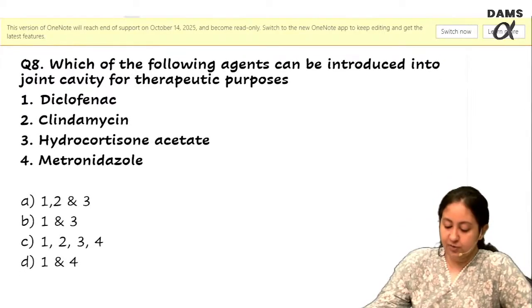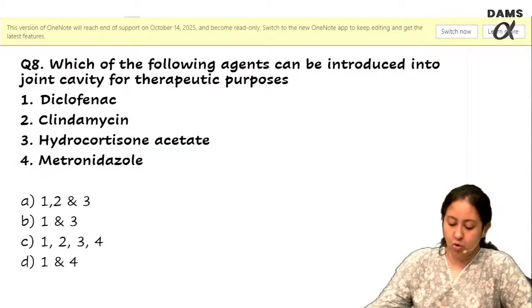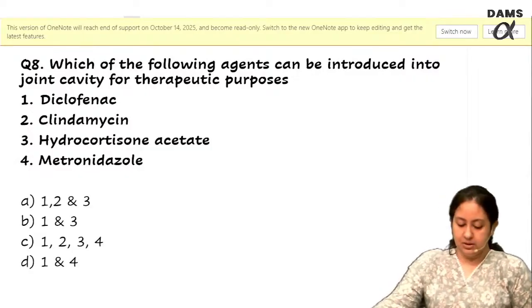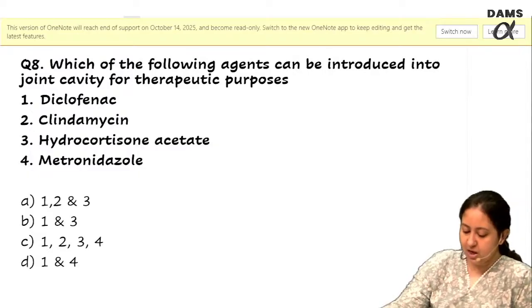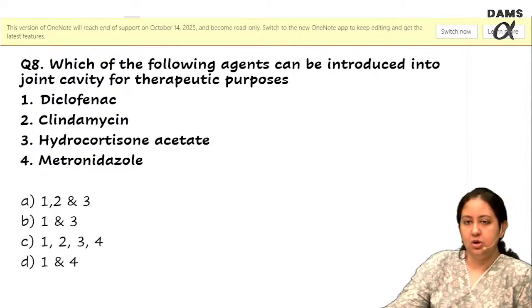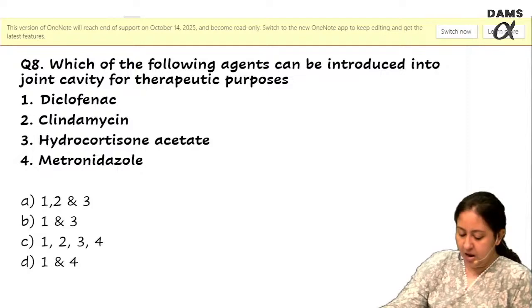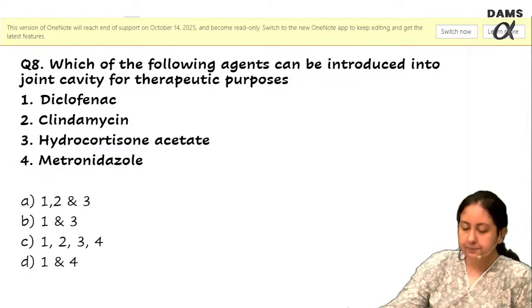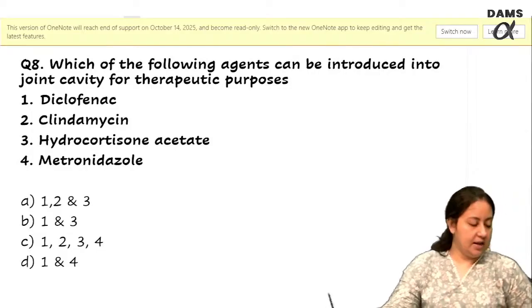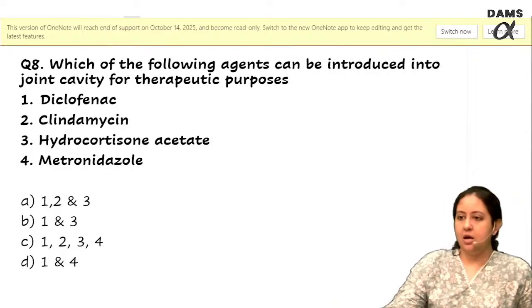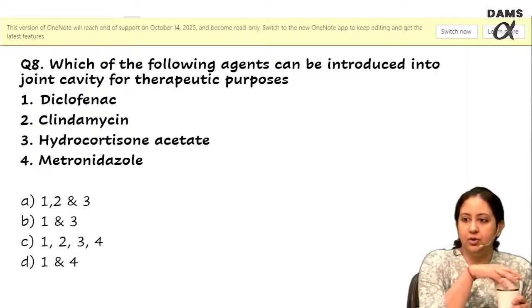Question 8. Which of the following agents can be introduced into the joint cavity for therapeutic purposes? 1. Diclofenac, 2. Clindamycin, 3. Hydrocortisone acetate, 4. Metronidazole. So your options are A, 1, 2 and 3; B, 1 and 3; C, 1, 2, 3, 4; and D, 1 and 4. What would be the correct answer here? Very good.